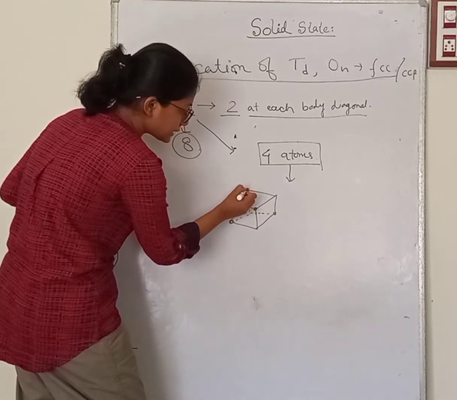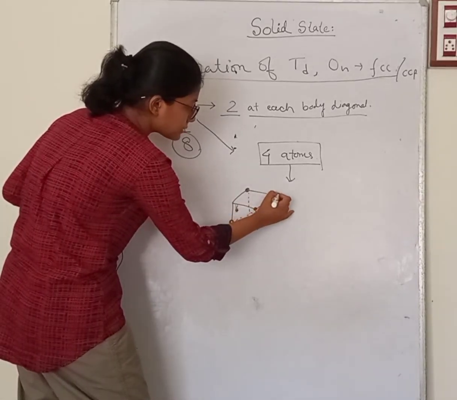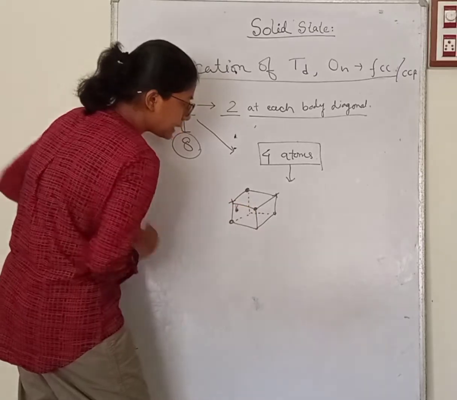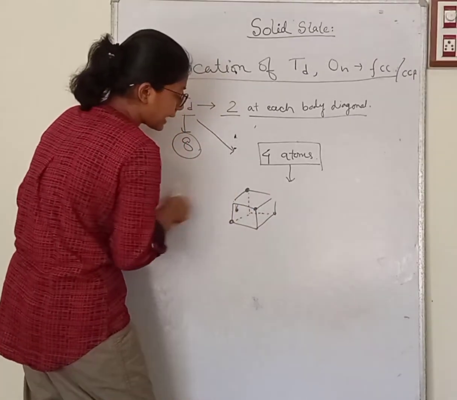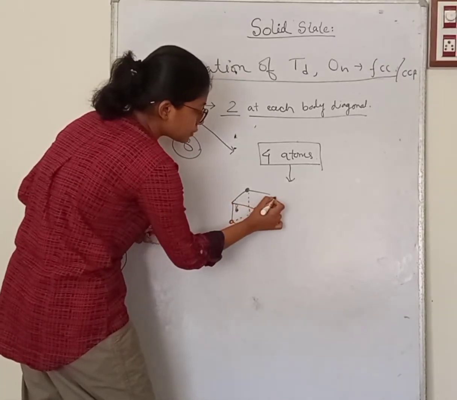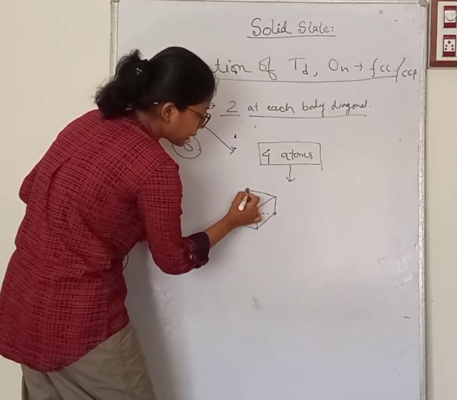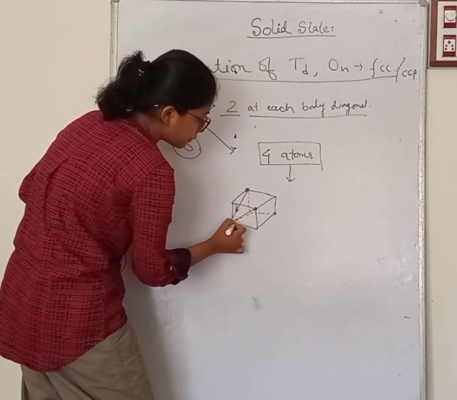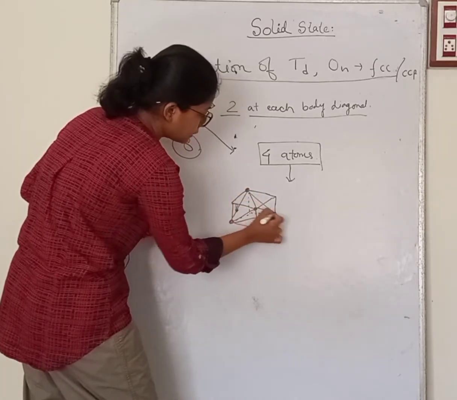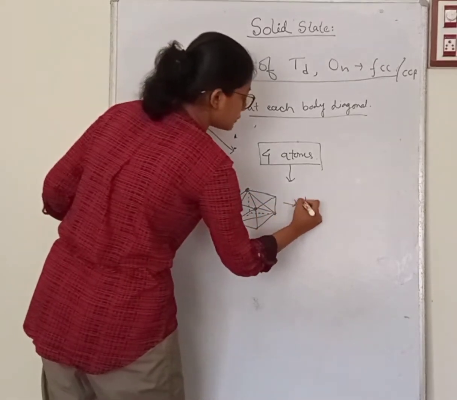If one atom is present here, then this nearby space is vacant. Only the atoms are present at alternate positions. Then if we connect all the 4, we will get one tetrahedron.